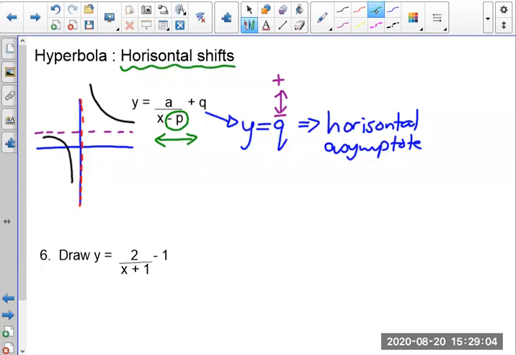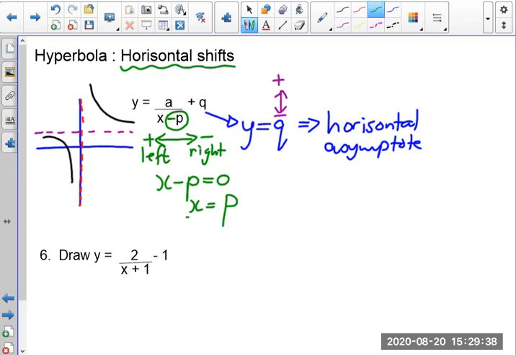So if you have a minus, the graph shifts to the right. And if you have a plus there, the graph moves to the left. Because how it works is this x minus p, if you make it equal to 0, then x becomes positive p. Can you see that?